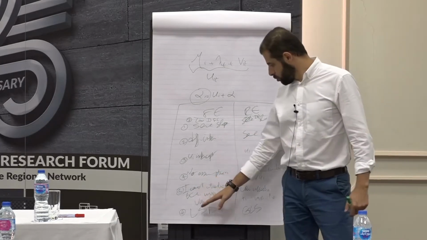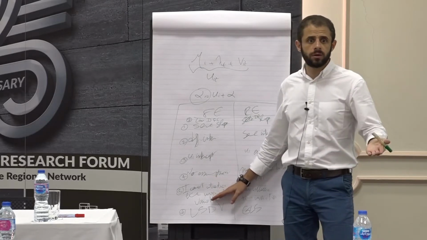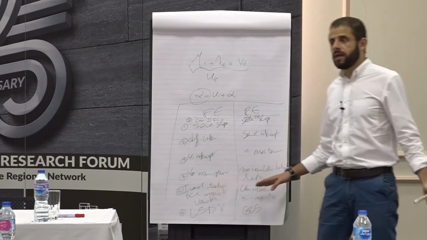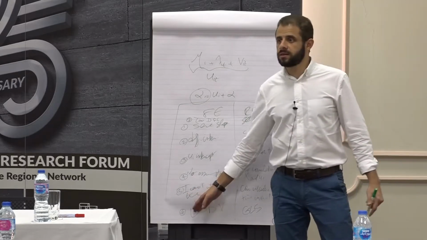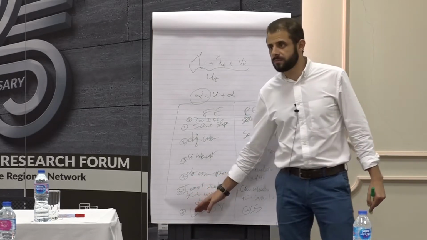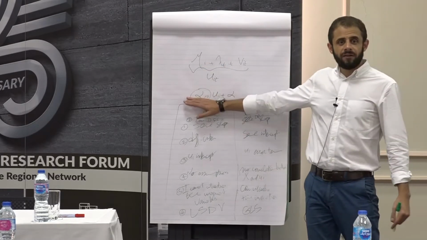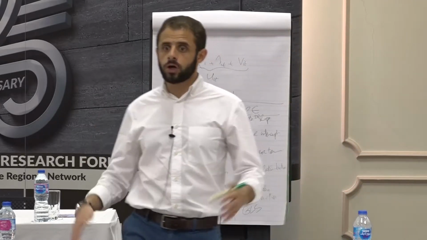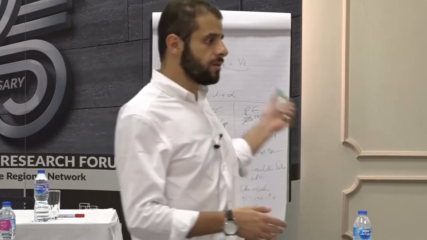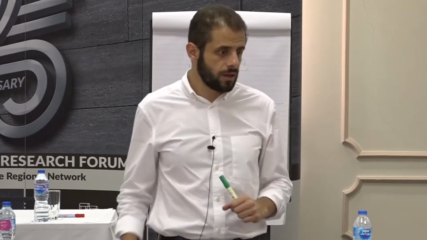Here we cannot introduce time invariant variables because they will be taken into consideration by the individual time invariant dummies. Here we can introduce time invariant variables. They will not be dropped. Here we estimate this using the least square dummy variables. Here we estimate this using the GLS. Here we have very low degrees of freedom because we consume most of them with the introduction of several individual dummies, but in the random effect model we don't have to do this, and this is why we have a lot of degrees of freedom.